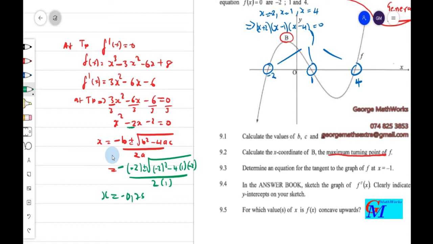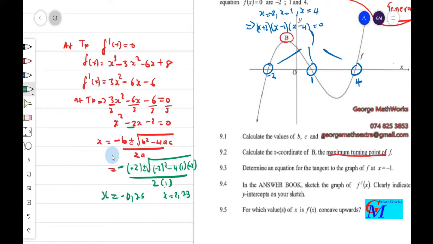let me punch quickly again. So that's minus 2 squared plus the square root of... that's negative 0.75, and the other one is 2.73. x is equal to 2.73.